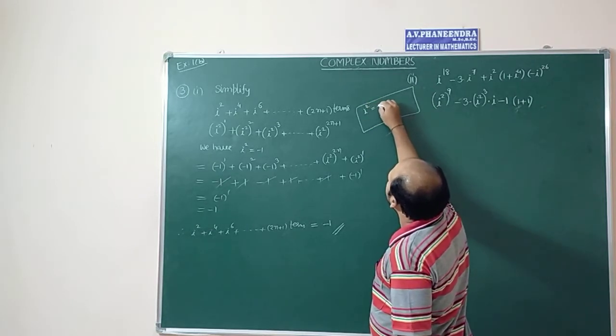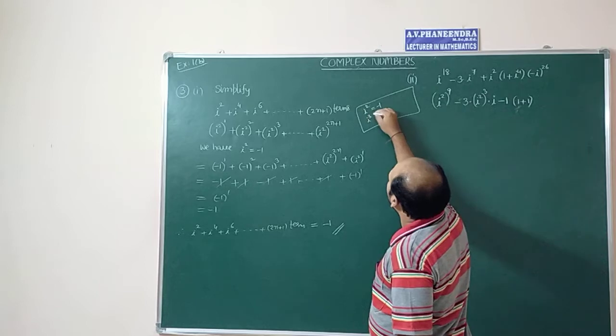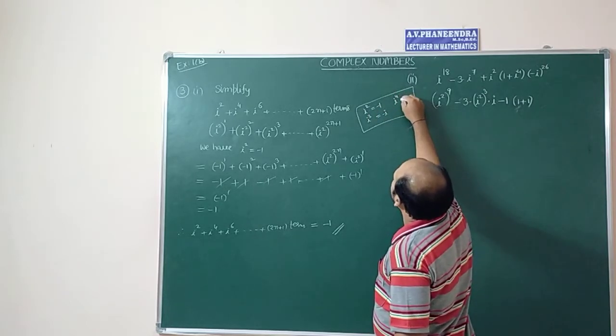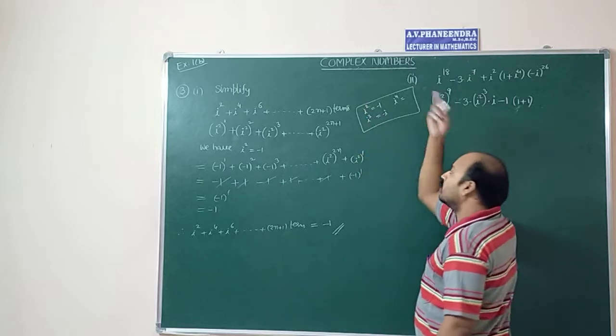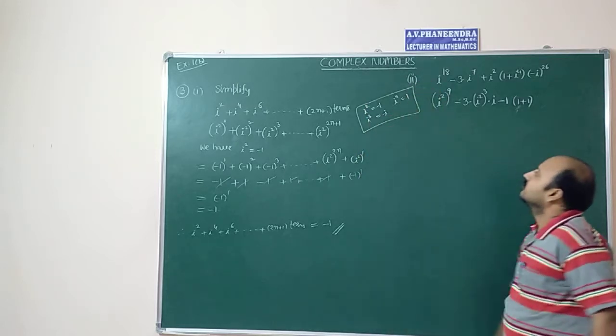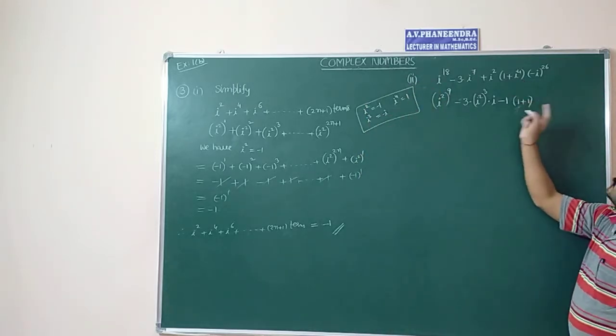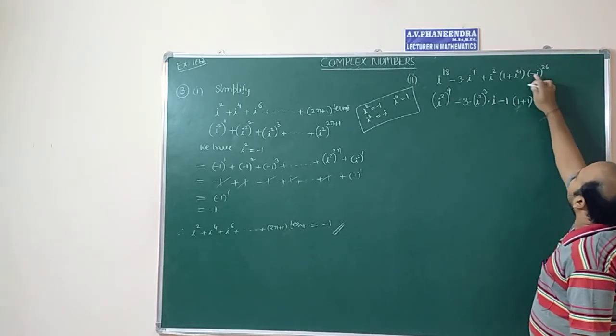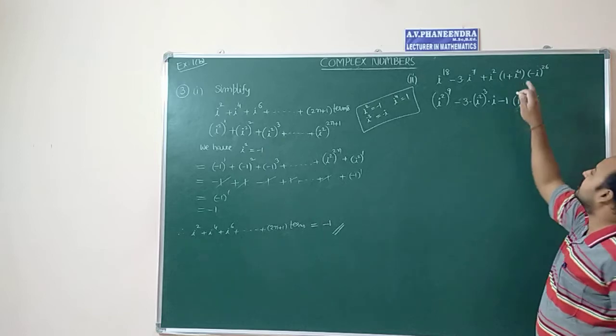i square value is minus 1, i cube is equal to minus i, i power 4 is i square whole square, minus 1 whole square, that's plus 1. So i power 4 is plus 1. I wrote i square value minus 1 into minus, whole power i power 26.